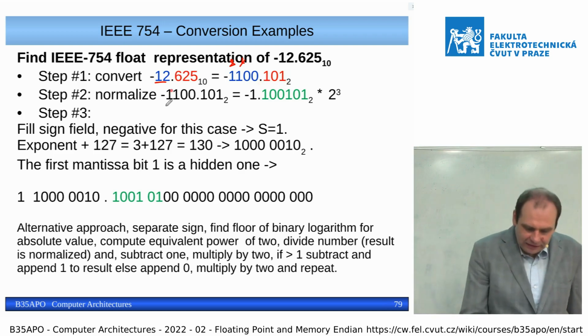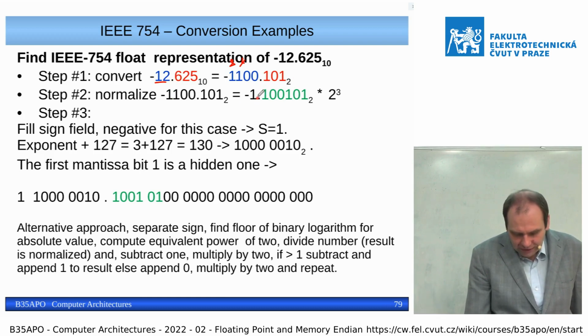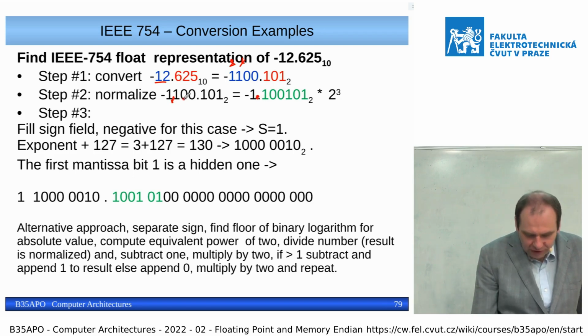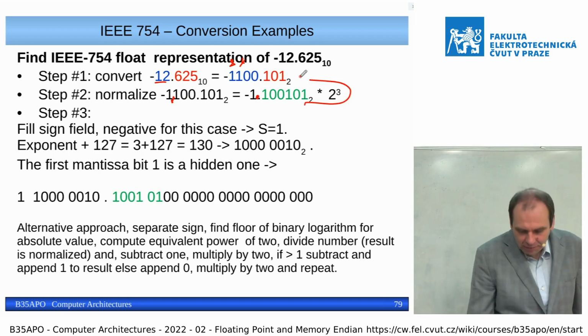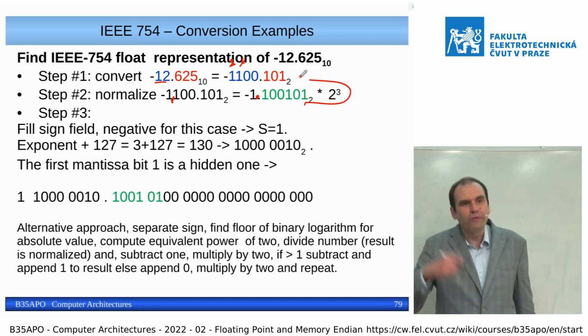Then in the next step, we need to shift the number to the right, that we get a decimal point here where it should be that we have exactly one before the single one before the fraction point. So we have moved it by 3 to the right. So to keep the arithmetic value exactly the same, we need to multiply it by 2 power 3.